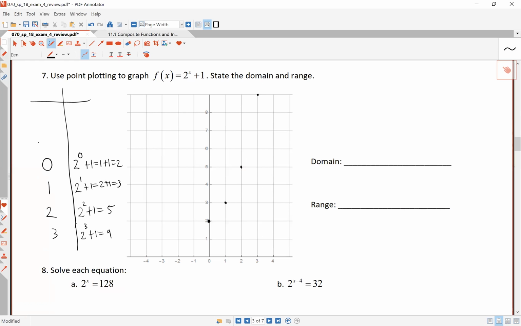And then on the other side, negative 1, that's 2 to the negative 1 plus 1, or 1/2 plus 1, which is 1.5. If I plug in negative 2, that's 2 to the negative 2, which is 1/4 plus 1, which is 1.25.